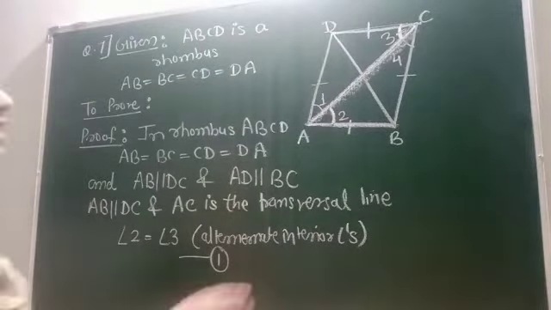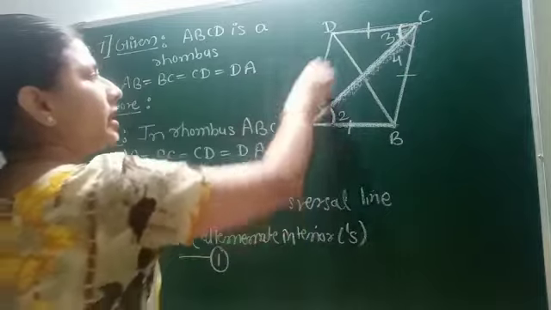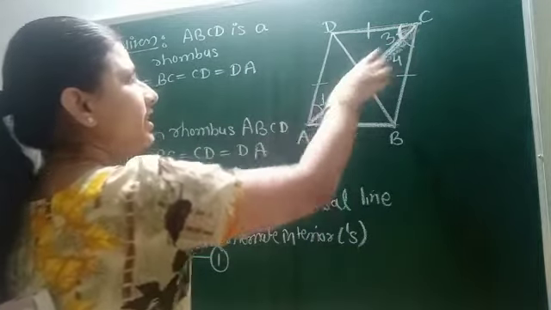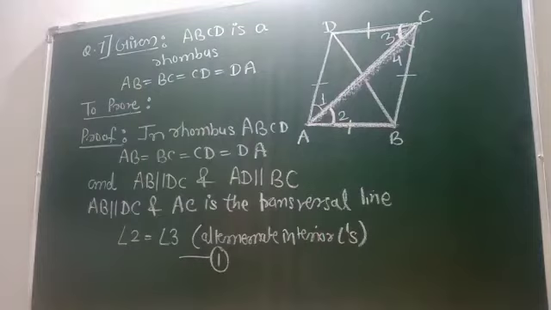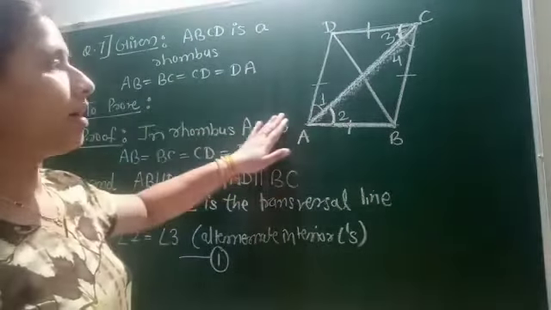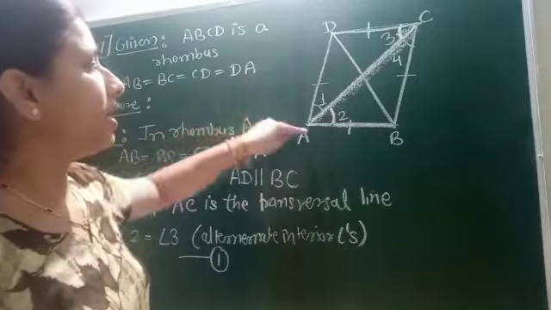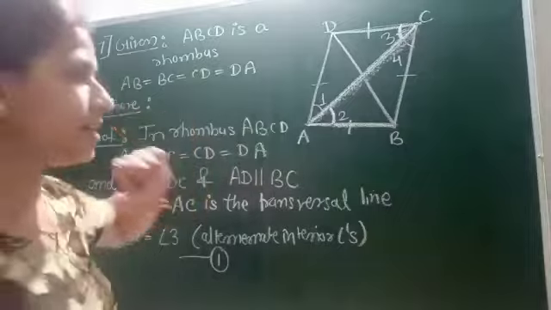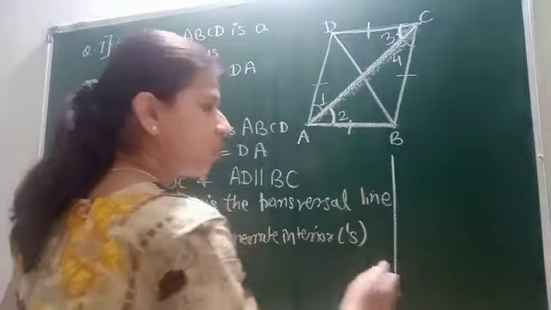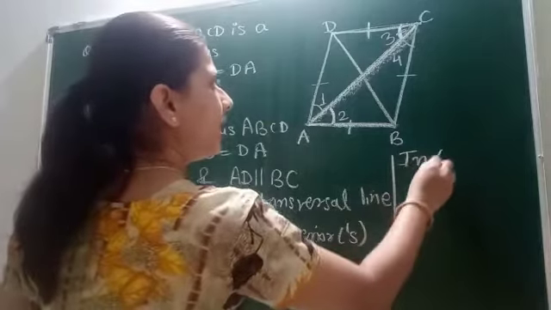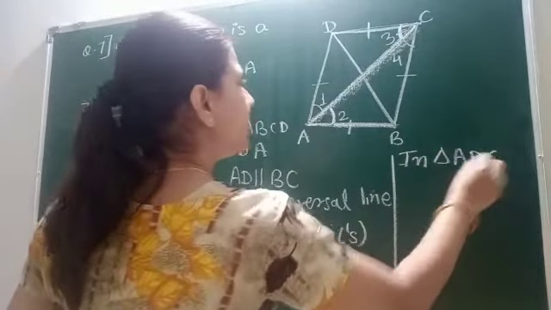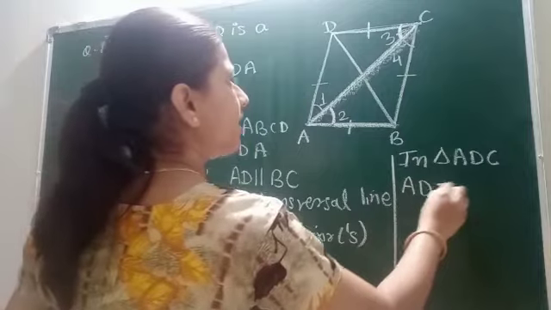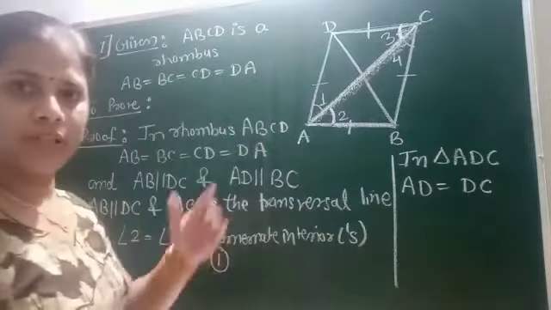Now look at this triangle also again, student. In this triangle ADC, what is given? Since this is your rhombus, in this triangle ADC, this side AD equals side DC, because in a rhombus all sides are equal. So in triangle ADC, AD equals DC because it is given.